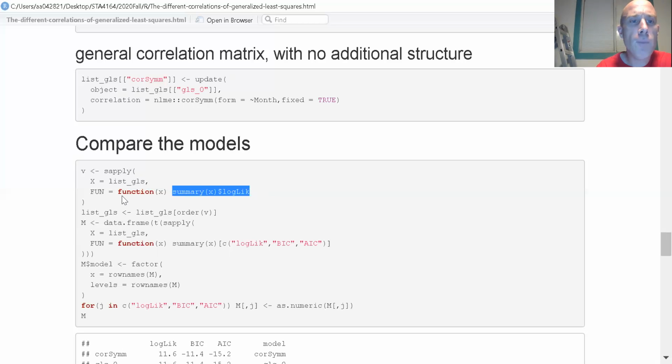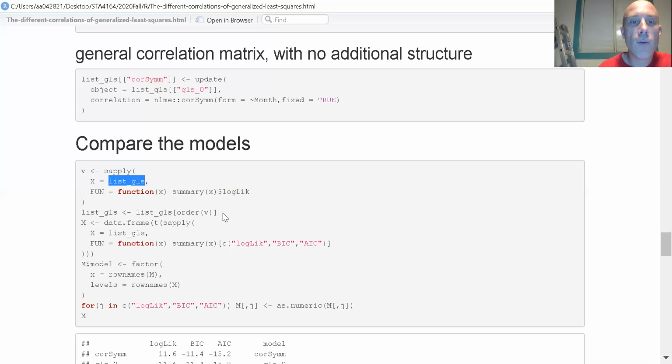So I'm going to extract the log likelihood. Notice I've created this function. I pass the GLS object into summary, and then I grab only the log likelihood. Now, sapply applies this function, with a parameter of FUN, isn't that fun? Haha, to every object in that list.